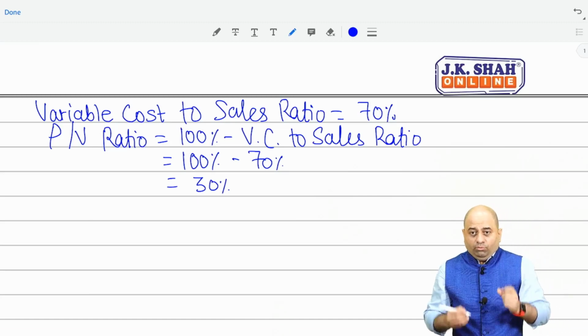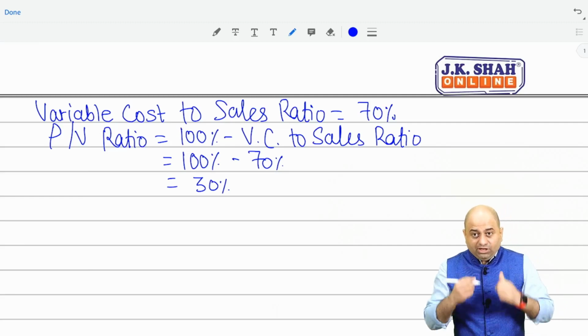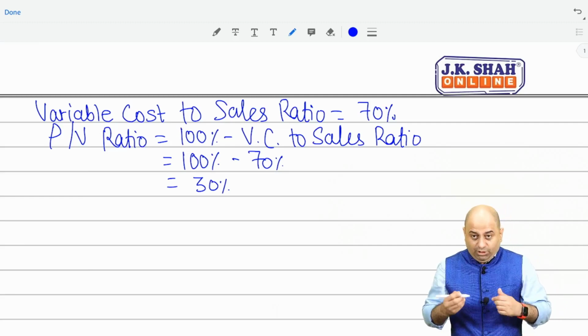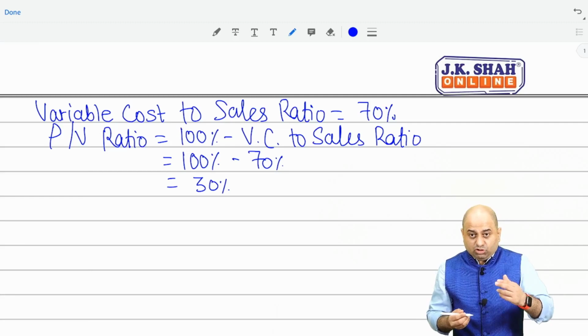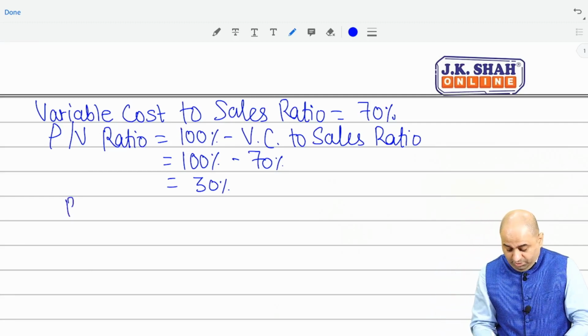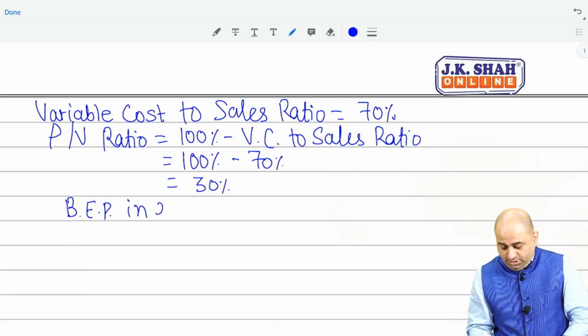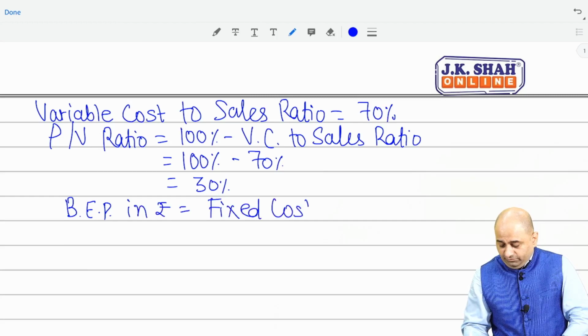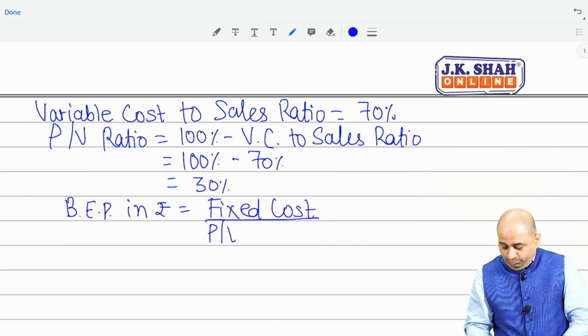Now we are given fixed cost. We know break-even point in value, that is in rupees, is fixed cost upon PV ratio. So BEP in rupees is equal to fixed cost upon PV ratio.